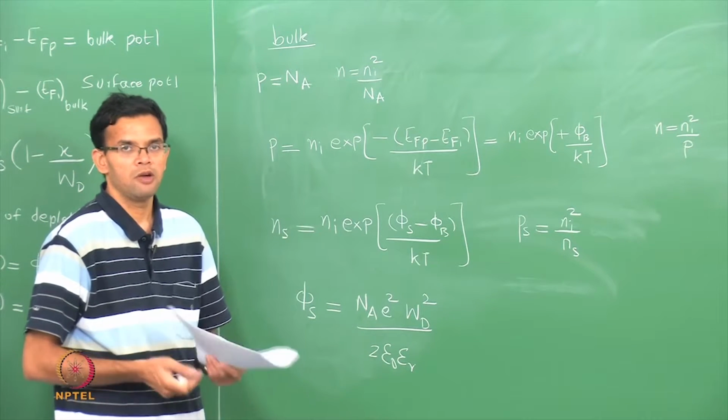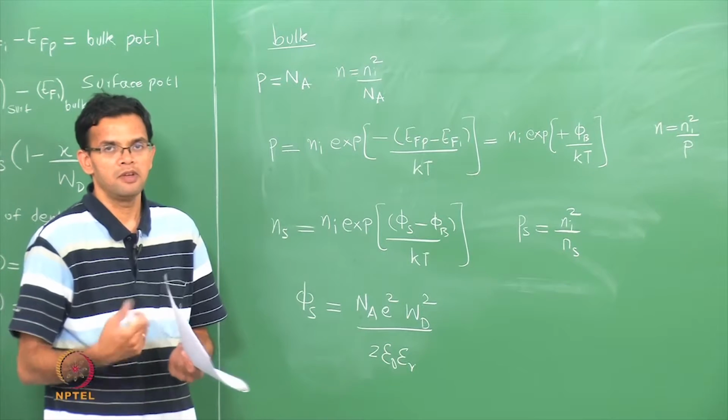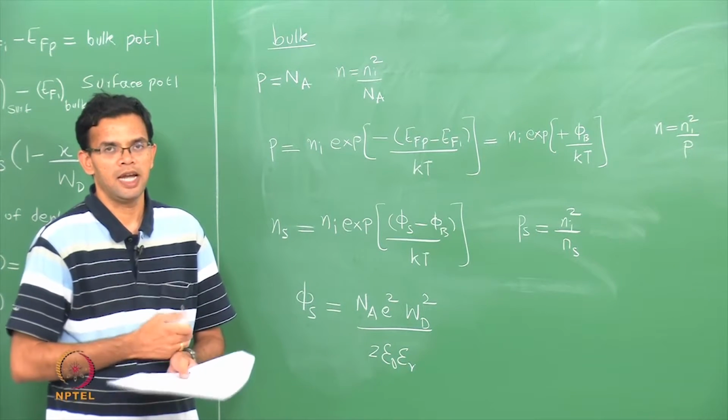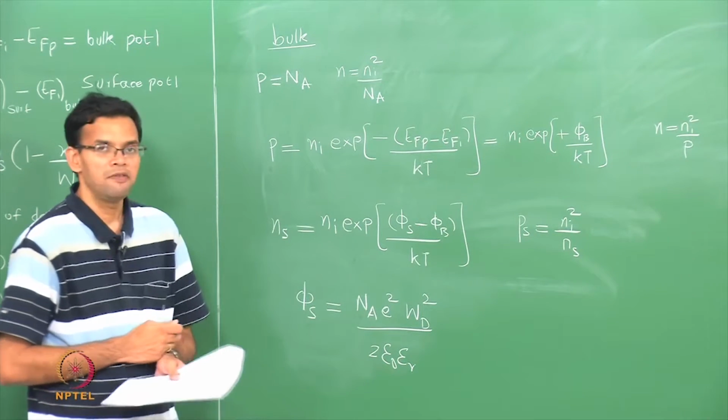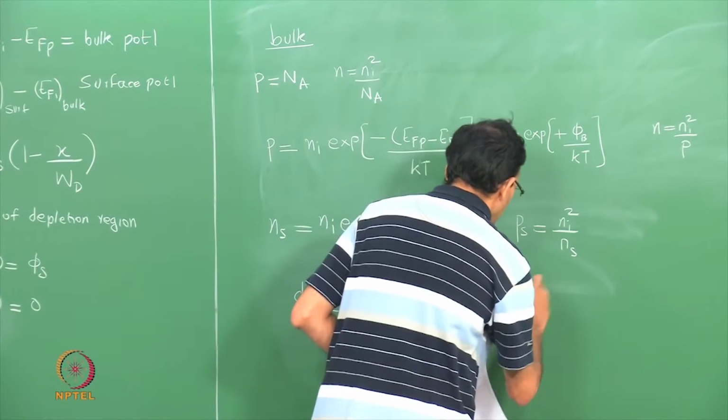In the case of a MOSFET, we have inversion, so that we have an N channel that is created. We define a condition called strong inversion.